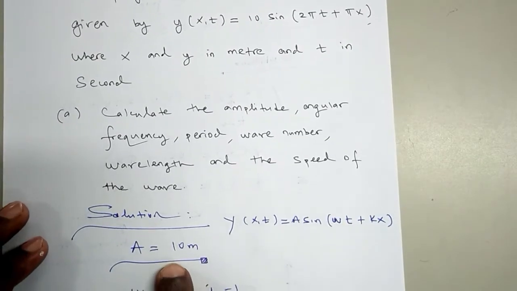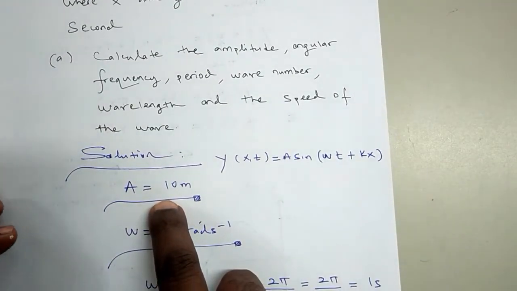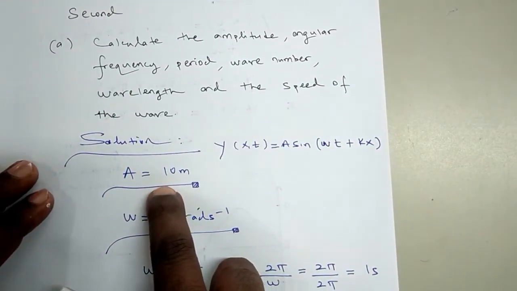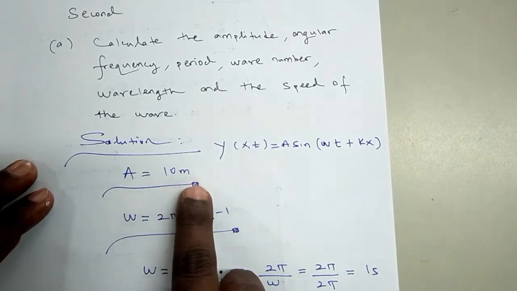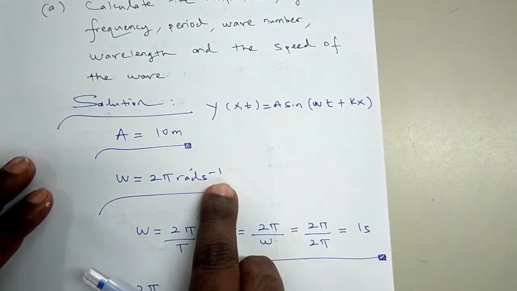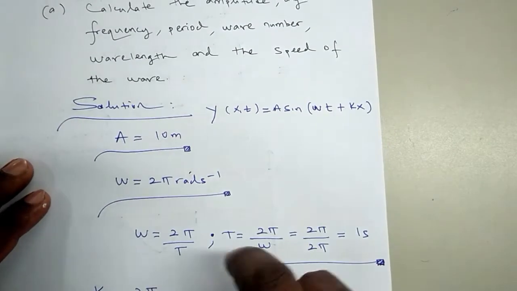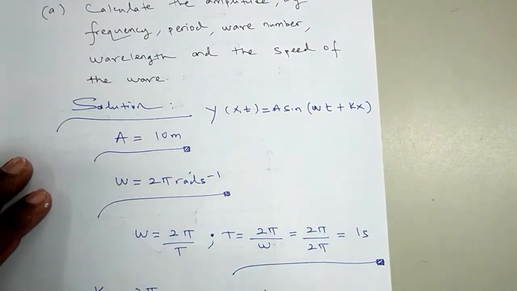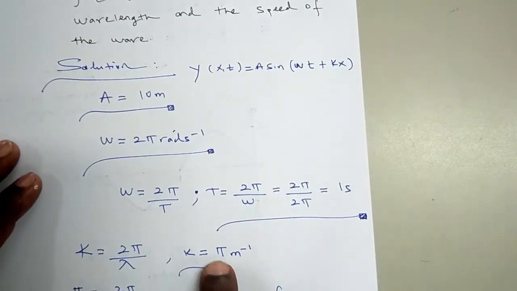So you can get the three values straight away from the equation. A equals 10 meter, omega equals 2 pi radian per second, and the wave number k equals pi per meter.